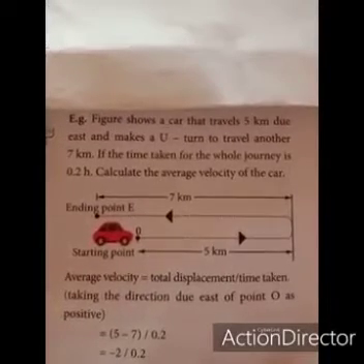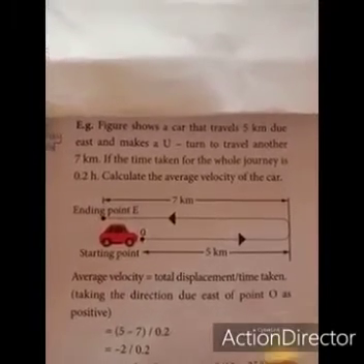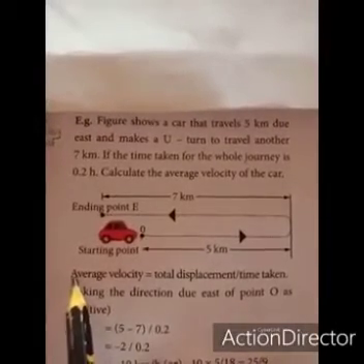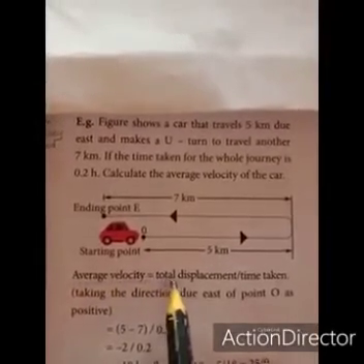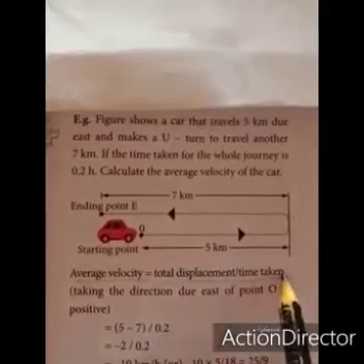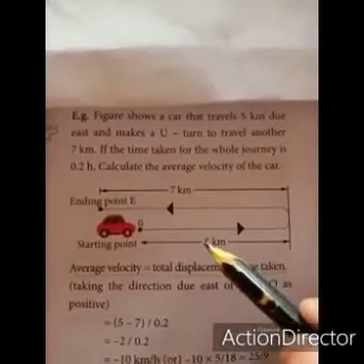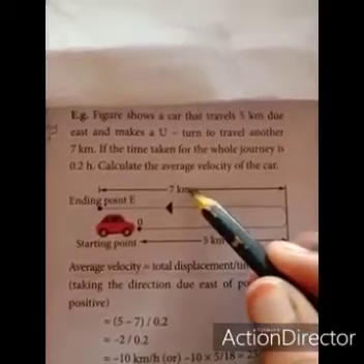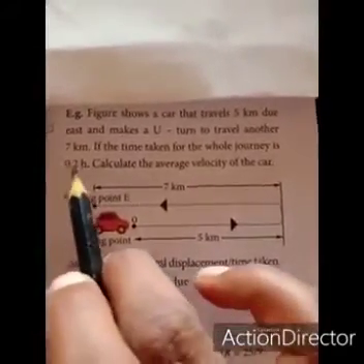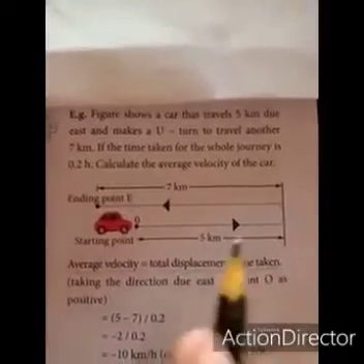Calculate the average velocity of the car. The formula is average velocity equal to total displacement by time taken. So here we are subtracting 5 and 7 and the total time taken is 0.2 hours.